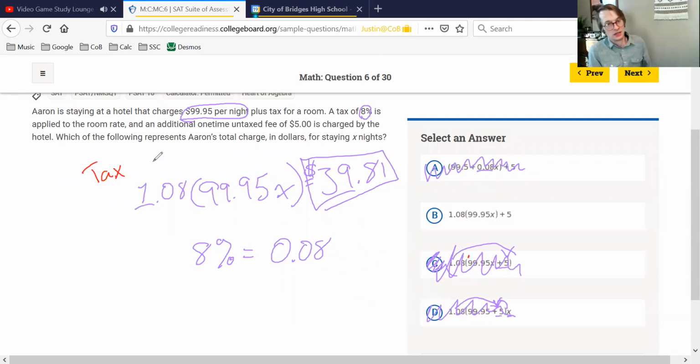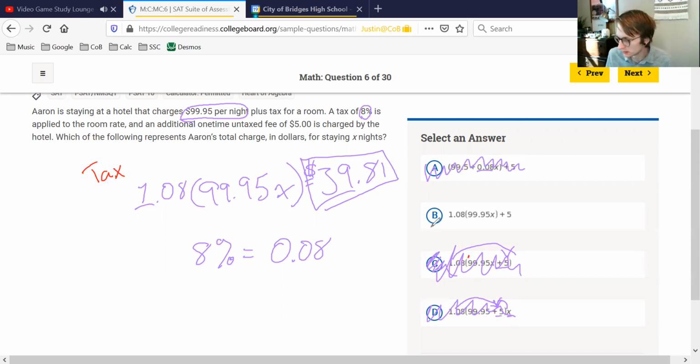That means instead of finding 8% and then adding it back onto the total cost for the room, you're finding 108%, figuring it out all at once. You're saying 100% of how much you're paying, so that's $399, and then an additional 8%, which is $39.81, or whatever that was. Again, I closed my calculator. I shouldn't have done that, but I wanted to get the video moving anyway.